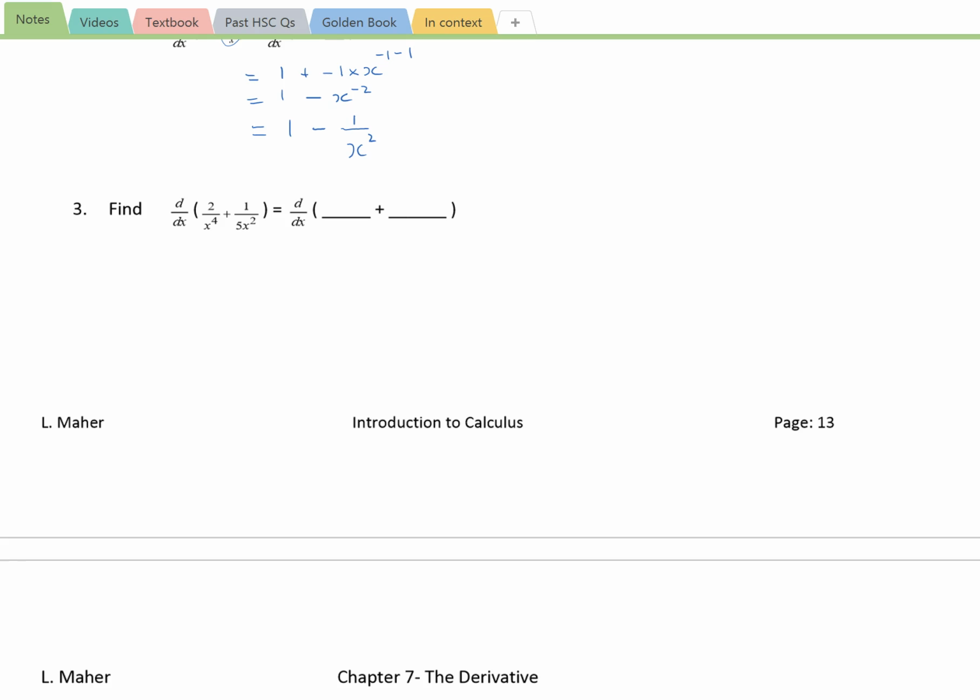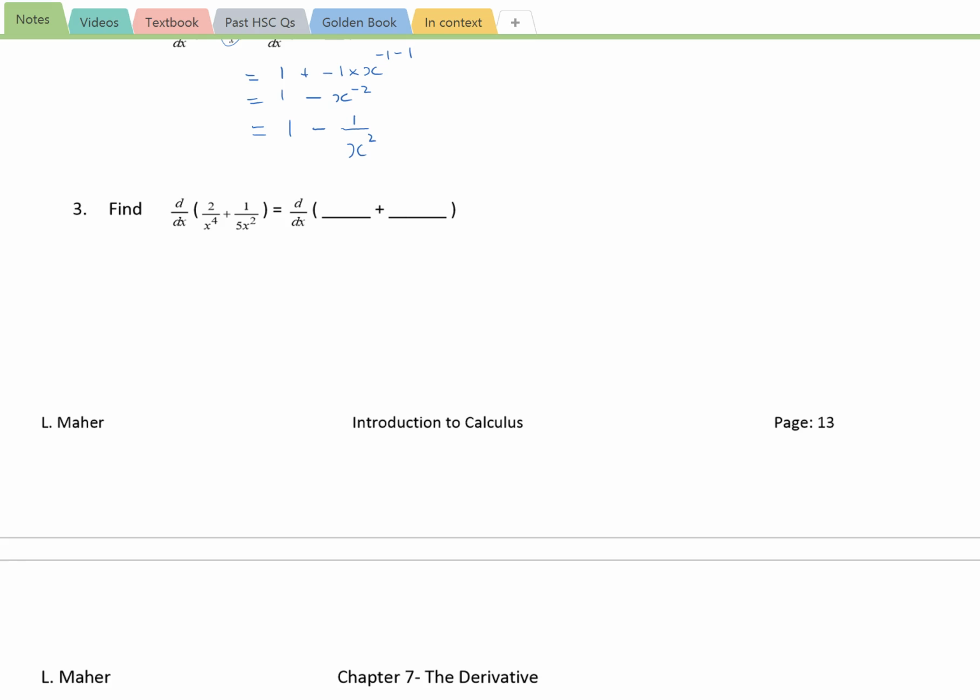In example 3, being instructed to find the derivative with respect to x of this little function plus this little function. They both have a problem in them. However, we have to be very, very careful. Not so much with this first one, 2 over x to the 4th.